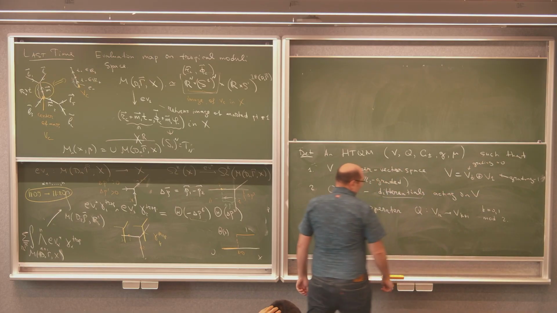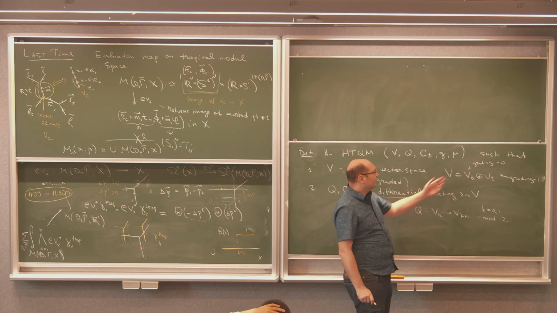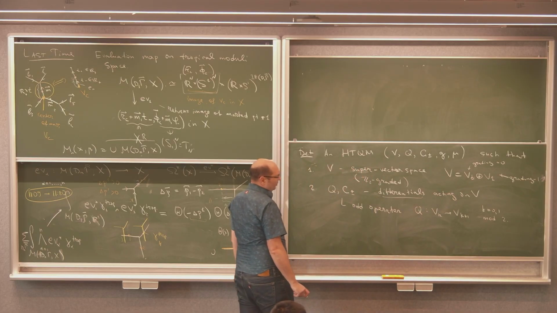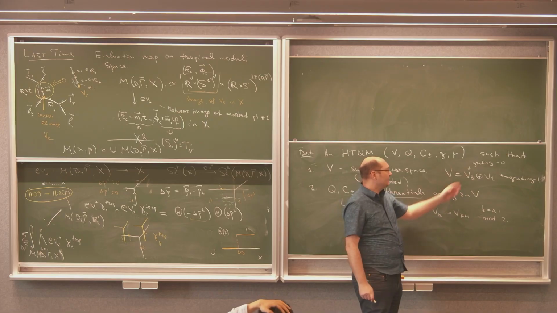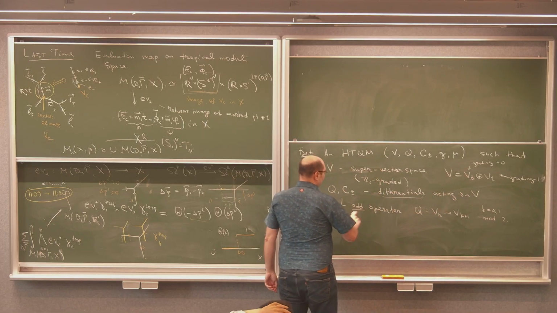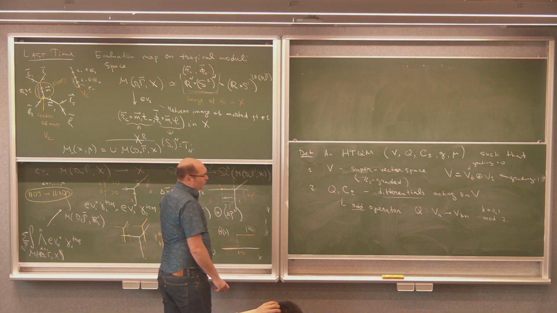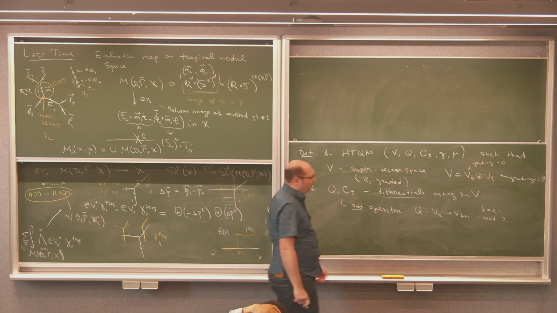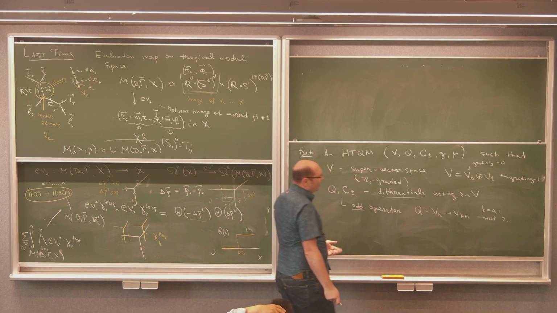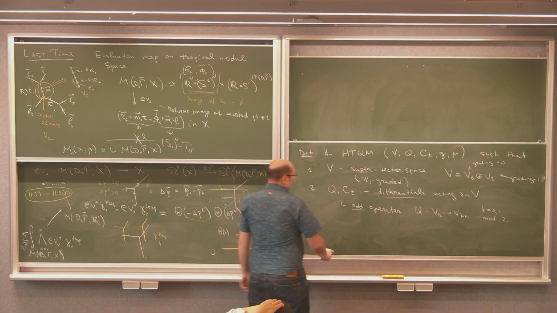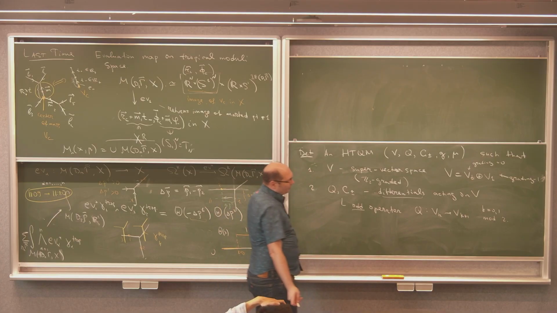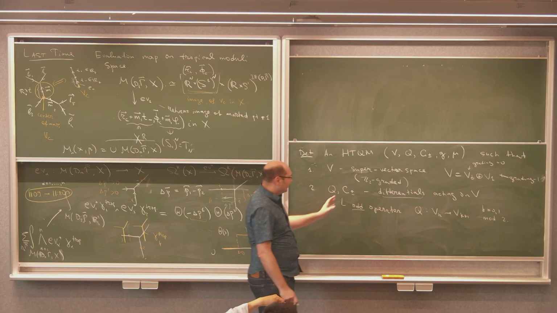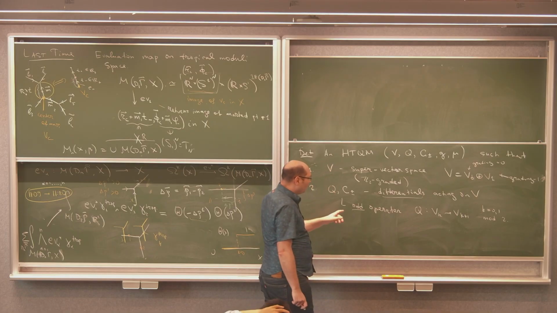So it means that Q takes V0 into V1 and V1 into V0. So it changes the grading by 1. And that's what it means to be an odd operator. For a Z2 grading, an odd operator is an operator that changes the grading. An even operator is an operator preserving the grading. But Q and G plus and G minus are odd operators.